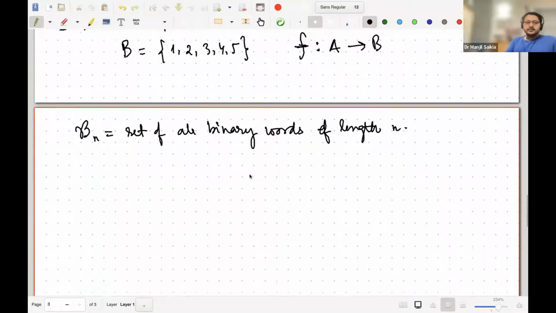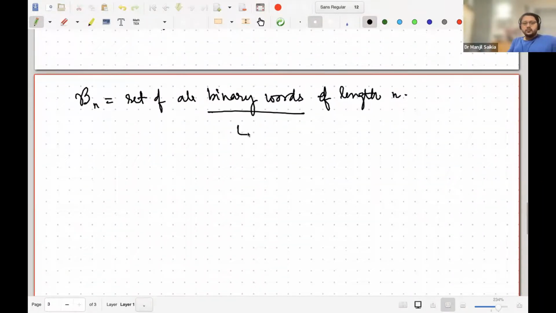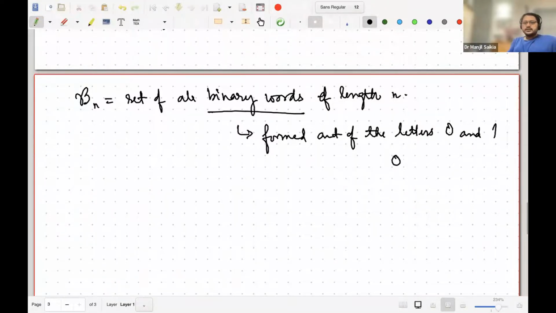So in this case, binary words are words formed out of the letters 0 and 1. That means something like this: 0, 1, 0, 1, 1, 1. This is a binary word because the letters in this word are just 0 and 1. And this is a binary word of length 6 because there are 6 letters in the word.